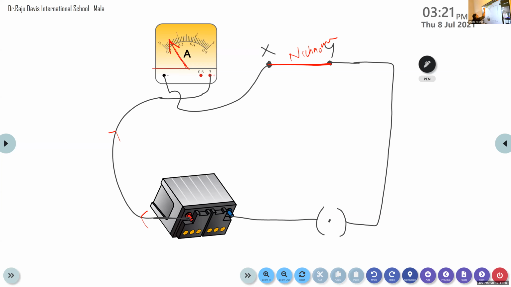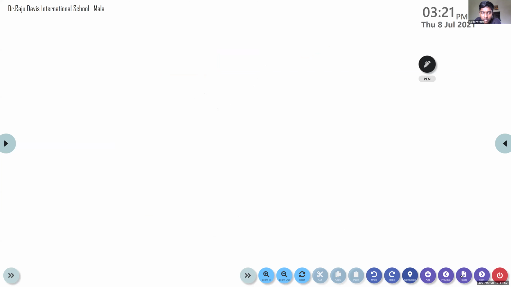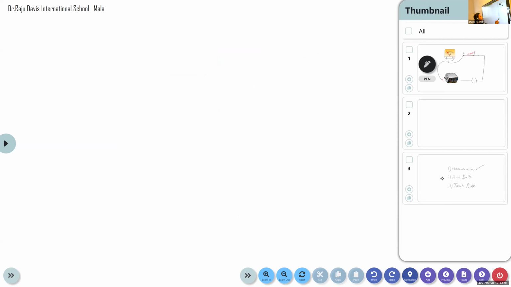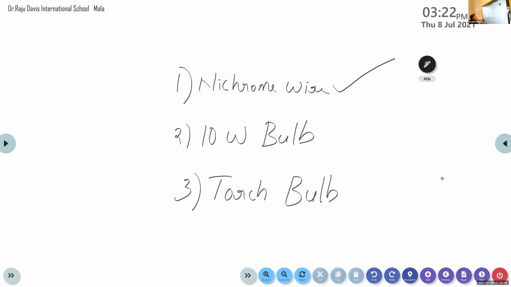That is 0.5 ampere. So when we connect the nichrome wire, the current flows through the circuit, and the value measured with the ammeter is 0.5 ampere.